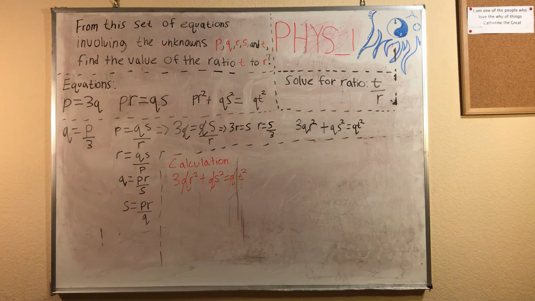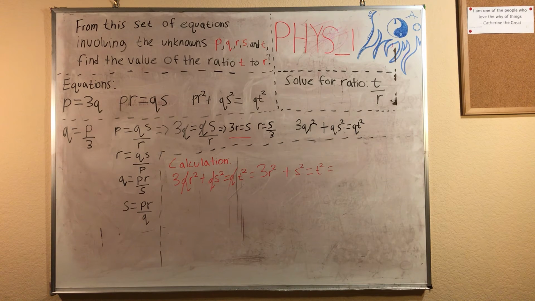We are now left with 3r squared plus s squared equals just t squared. P and q are now completely gone, just leaving r, s, and t. There happens to be an equation we can plug in for s that relates to our r. That will leave us with just r and t in the final equation.